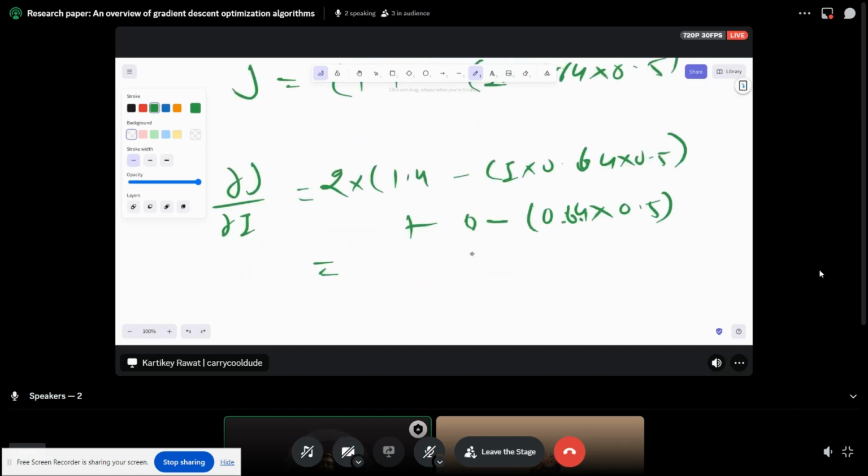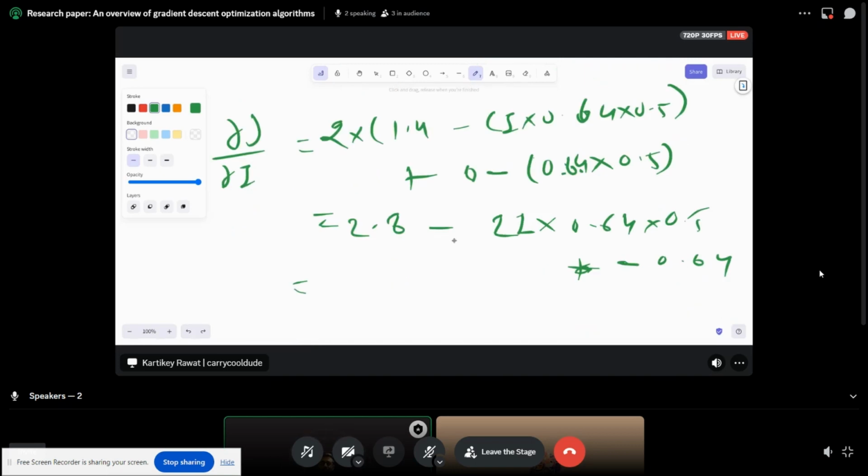If we calculate this part, we get a function that is 2.8 minus 2I into 0.64 into 0.5, plus not minus 0.64, or you can say 2I minus 1.